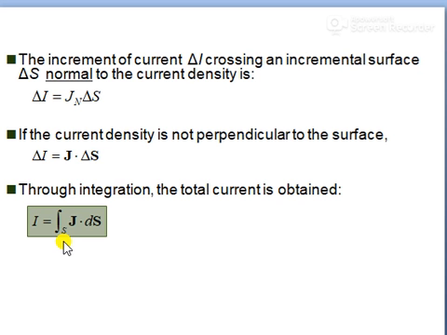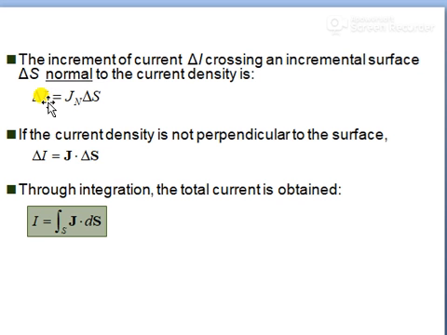For that I will consider one surface S, and I is nothing but the current passing through the surface, and the direction of current is normal to the surface and also the direction of J is normal to the surface. Now in this case I will consider an incremental surface ds, and a unit vector an which is normal to the incremental surface ds.